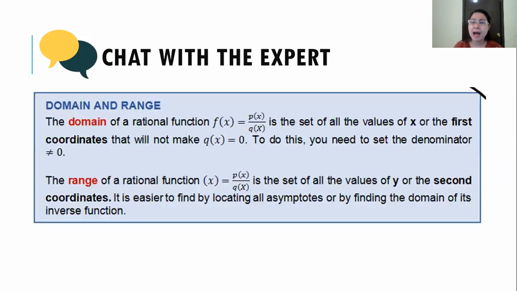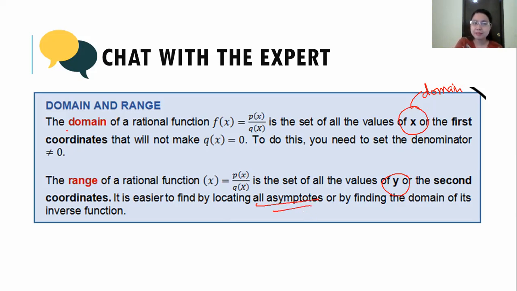So now, how do we find the domain and the range of the function? Let's start first with the domain. Remember that the domain is the set of all x values, while the range is the set of all y values. It's easier to locate the range if you already have your asymptotes, in the next part of the lesson.